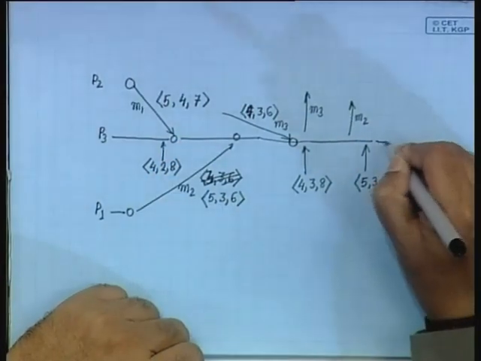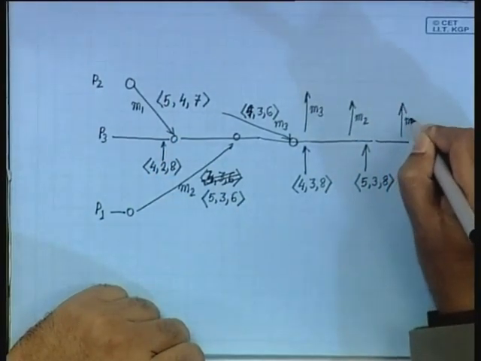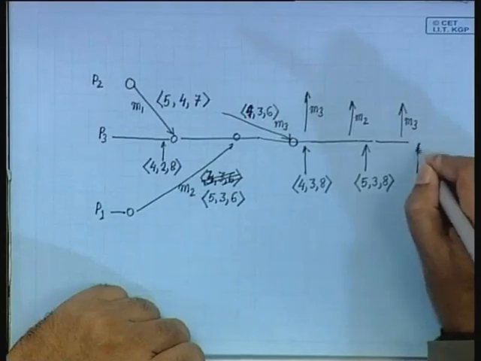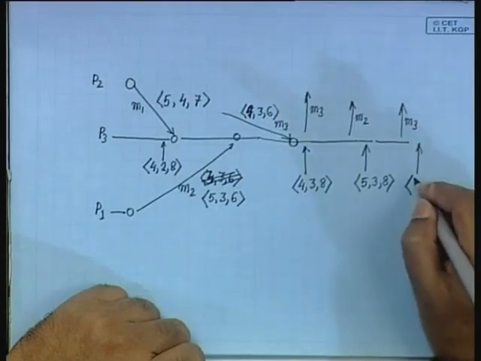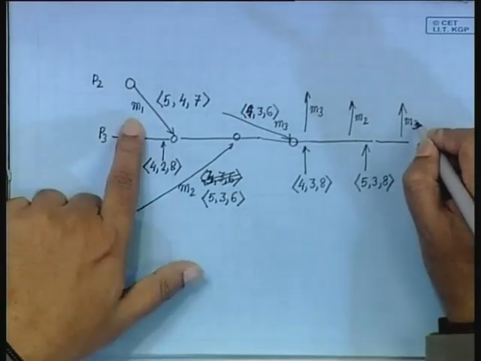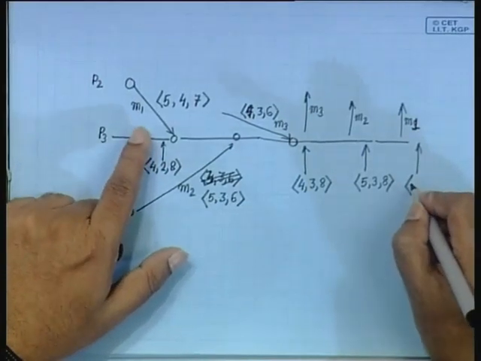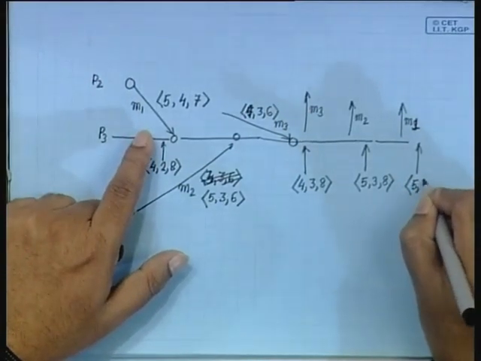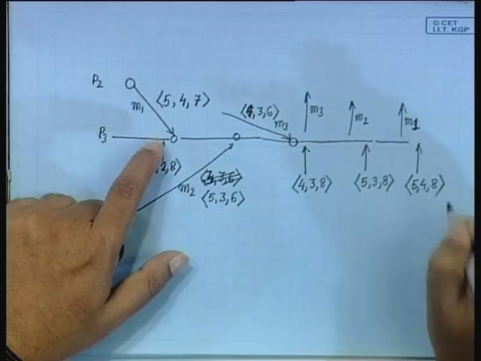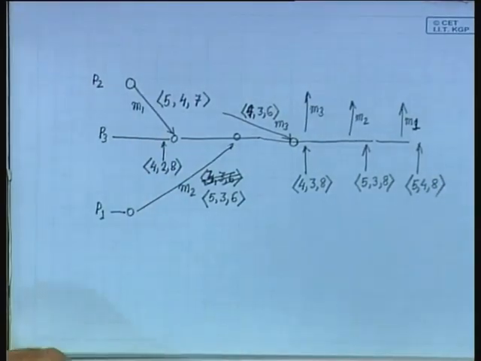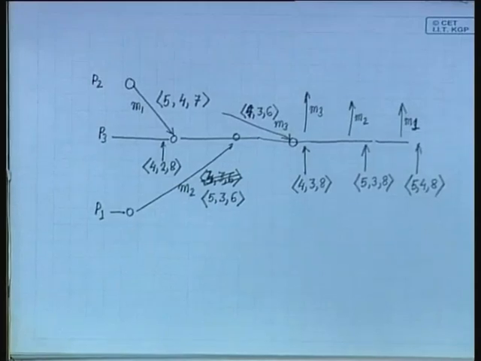So M1 will be delivered, and the timestamp will be 5, 4, 8. Okay, right.